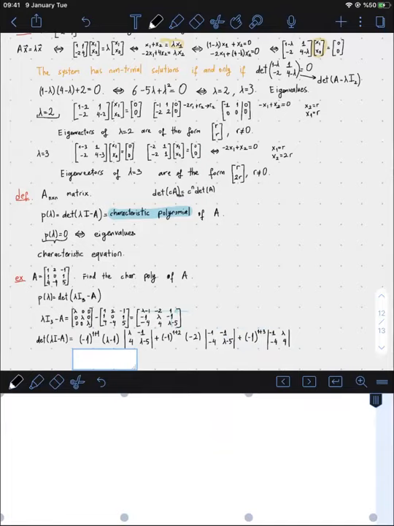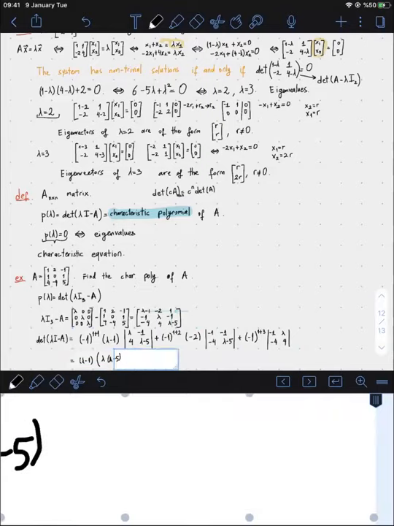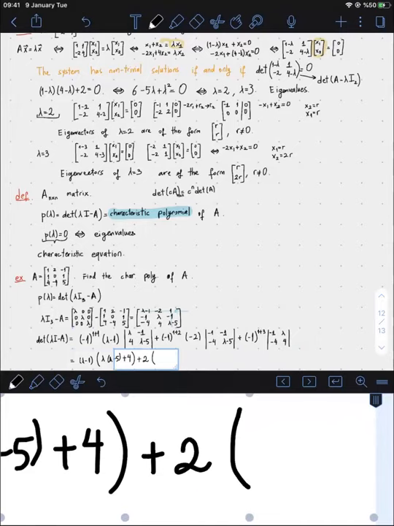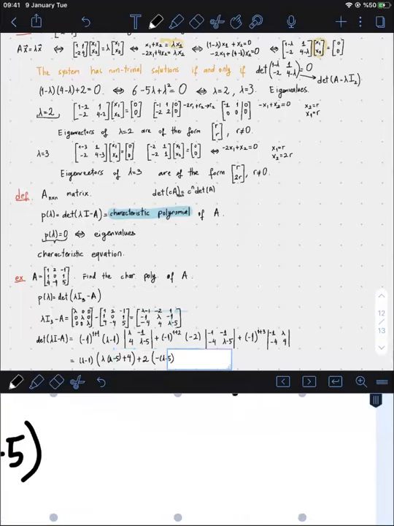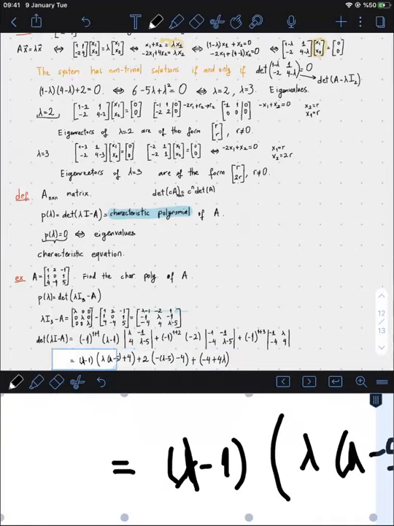Okay, you see it's a lot of work. So at the end, what do we get? We get lambda minus 1 times lambda times lambda minus 5 minus 4, and then two minus signs give a plus sign, and then the remaining terms.